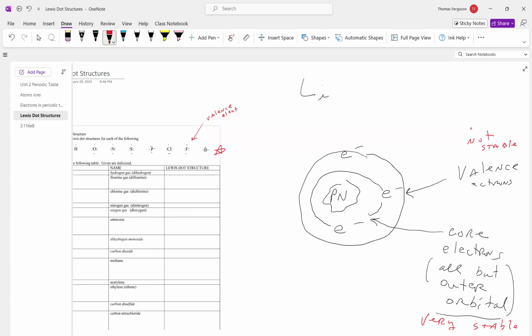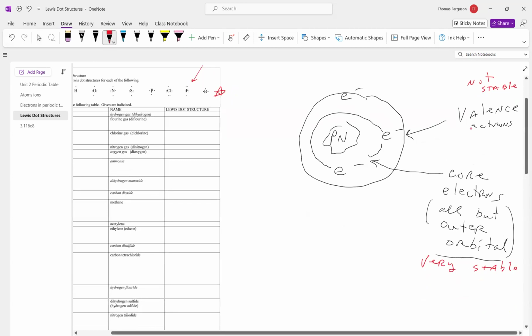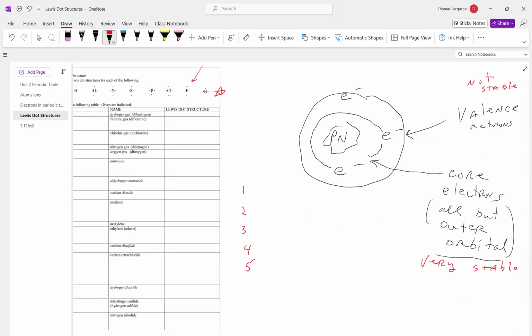Okay, if we start looking at the orbitals, they have up to 7 orbitals, and these are subdivided as well. If it has just one orbital, it can handle two electrons.